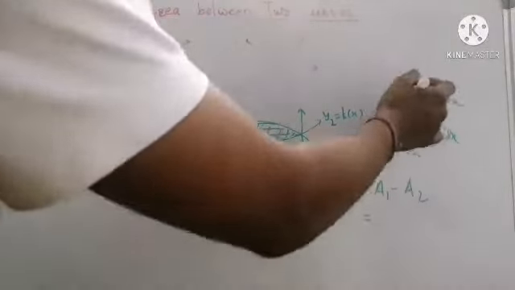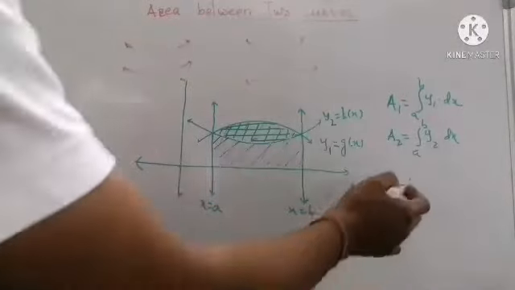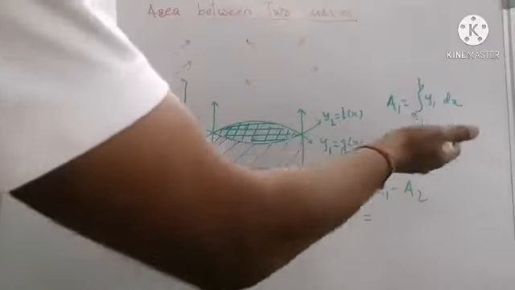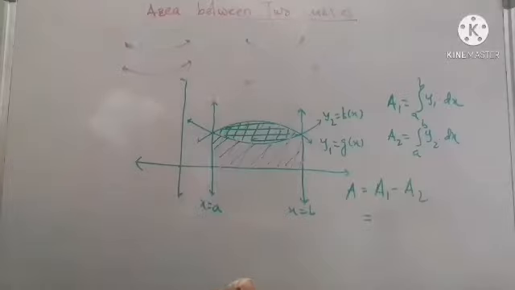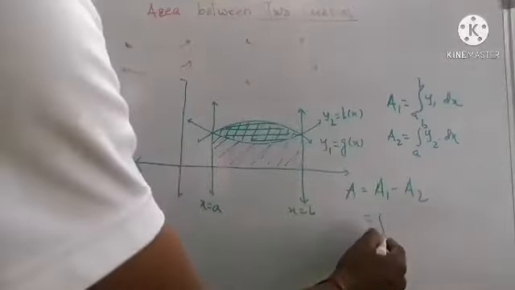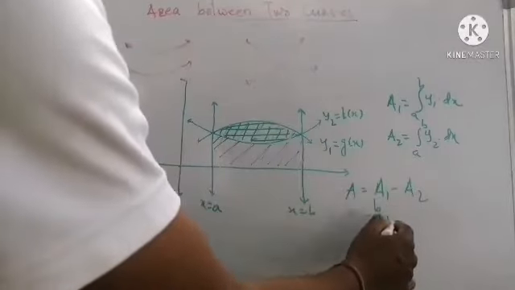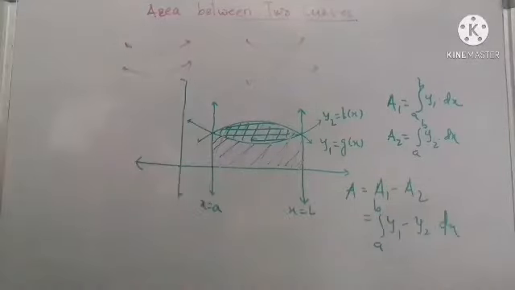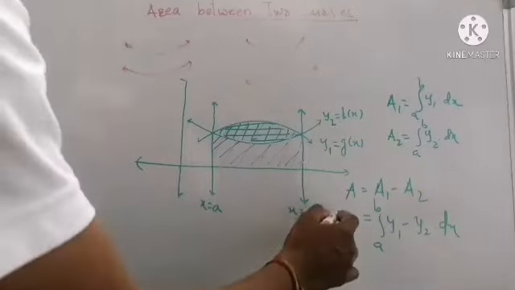As A1 is the integration from a to b of y1 dx, and A2 is the integration from a to b of y2 dx, we can subtract these integrations on the right hand side. As they have the same limits, we take the common limits a to b and put y1 minus y2 with respect to x. So the required area between two curves A is equal to the integration from a to b of y1 minus y2 dx.